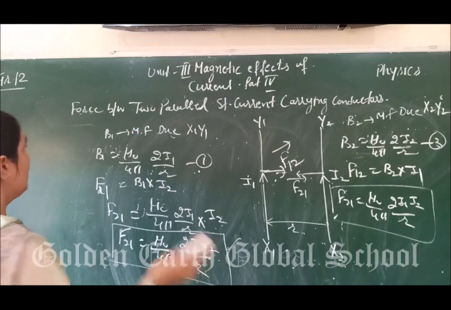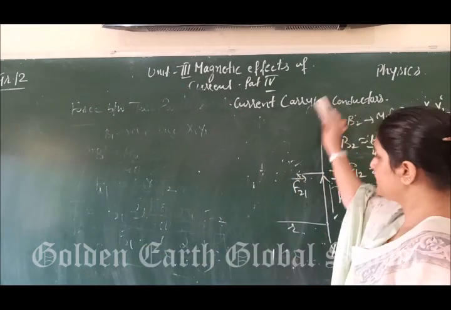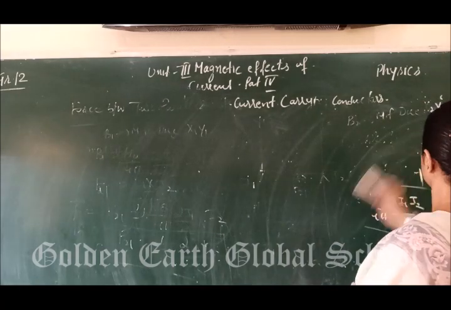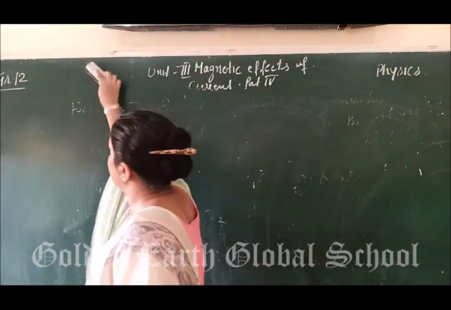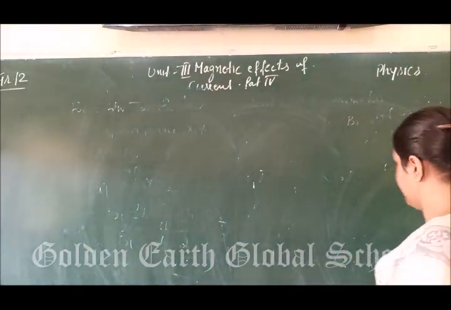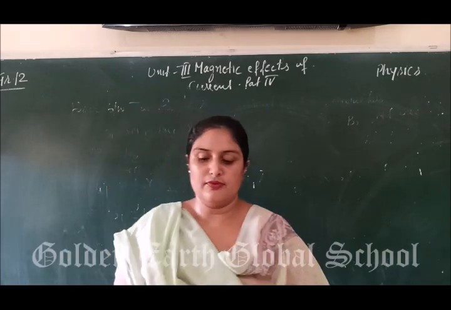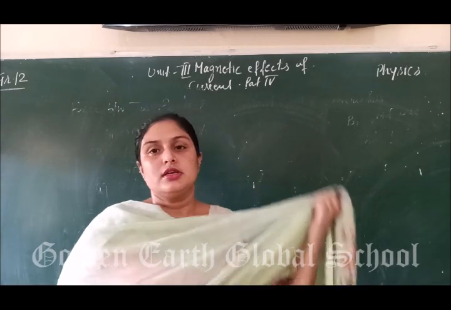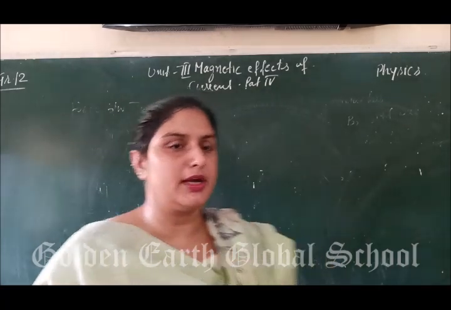Now let's come to the force experienced by a current carrying rectangular coil placed inside the magnetic field. Next, we have to calculate the force experienced by the rectangular current carrying loop placed inside the magnetic field.